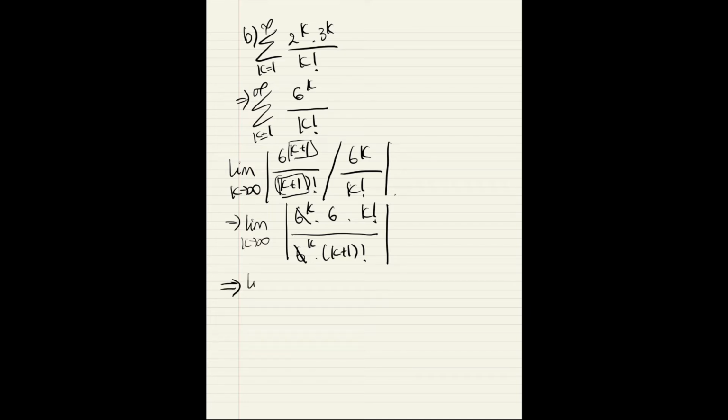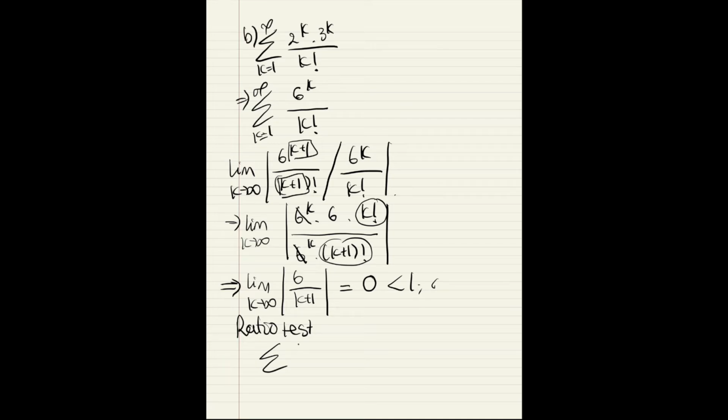Then once again, the limit of the absolute value of 6 over k plus 1, because k factorial divided by k plus 1 factorial is going to be k plus 1 only. This one equals 0, smaller than 1, so the ratio test for the series says it converges.